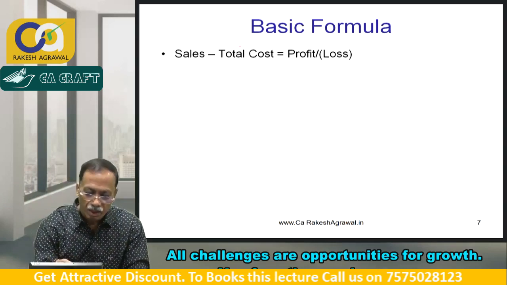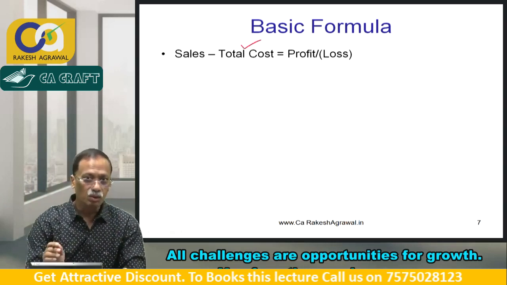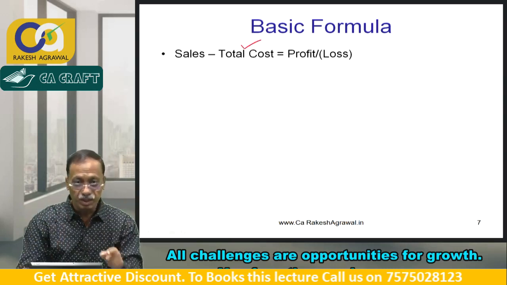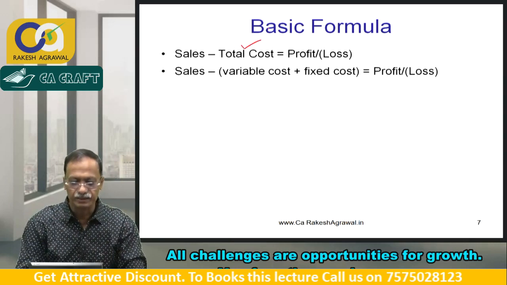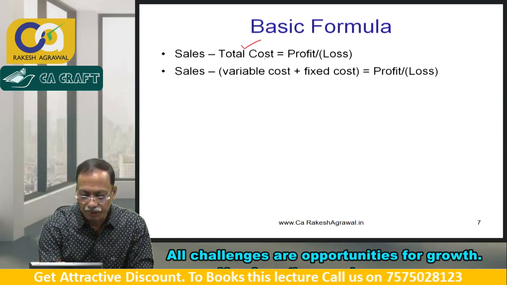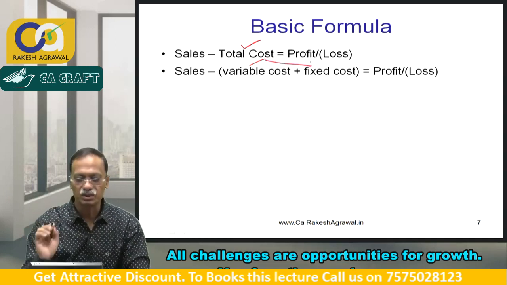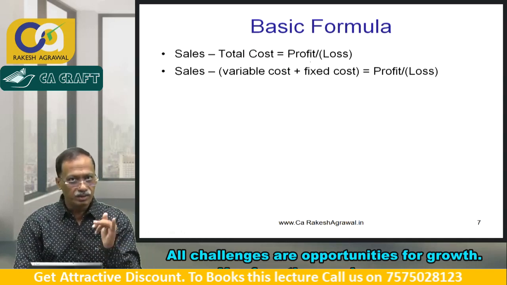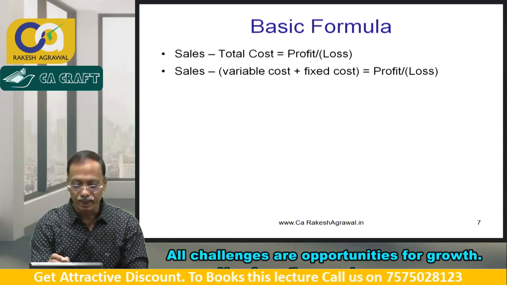How? Now in marginal costing, total cost is split in two parts, variable cost and fixed cost. So I will rewrite this formula like this. Total cost I have split in two parts: variable cost plus fixed cost is total cost, correct? So the same formula is rewritten. Now I will open the bracket.